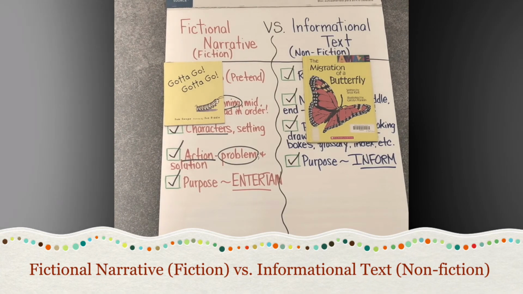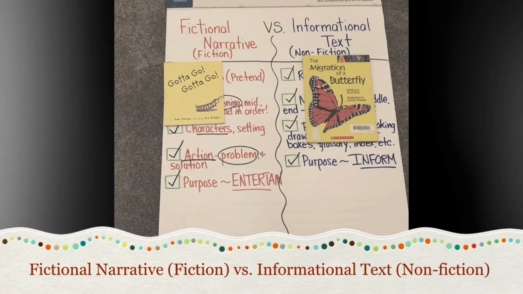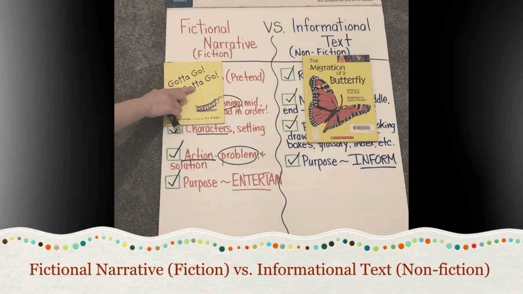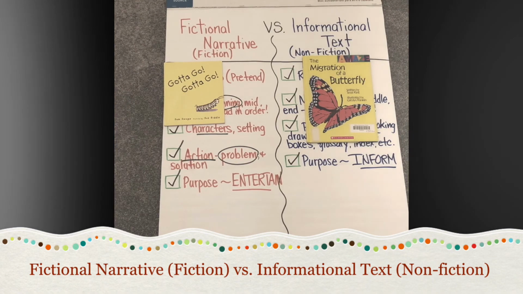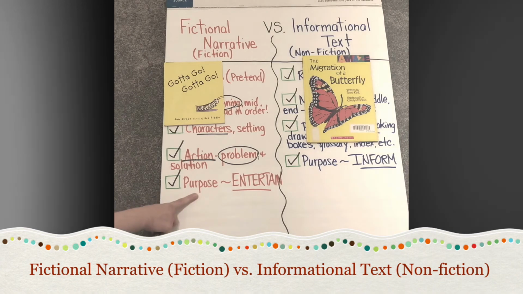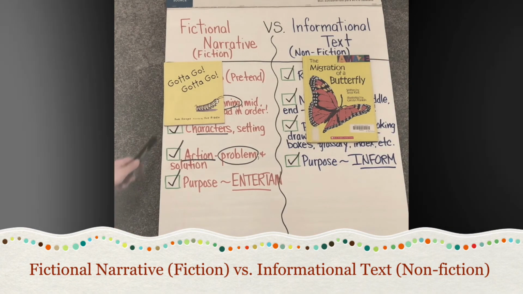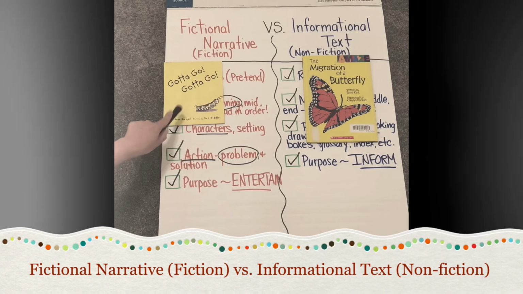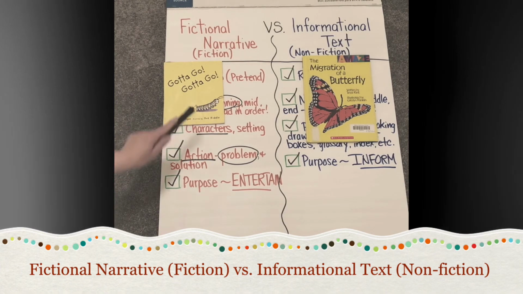All right, boys and girls, I hope that you learned a little bit more about fictional texts or fictional narratives and informational texts or nonfiction texts. Remember, the purpose of a fictional text is to entertain us. Sometimes fictional text can even include some facts like gotta go, gotta go. This is a really, really exciting book.